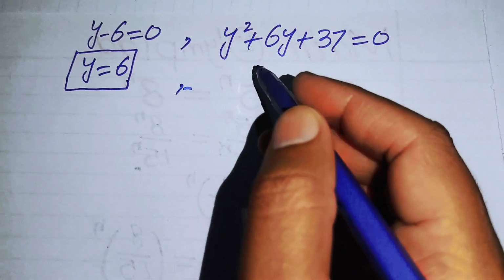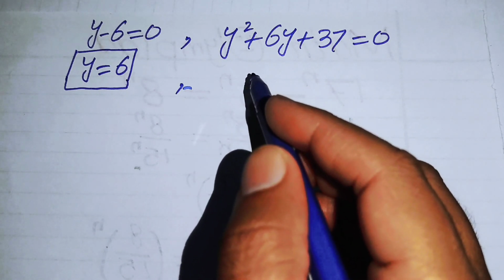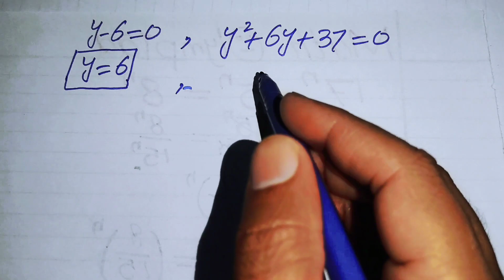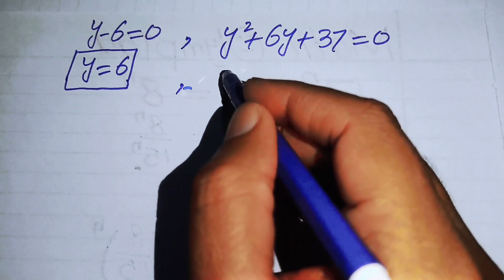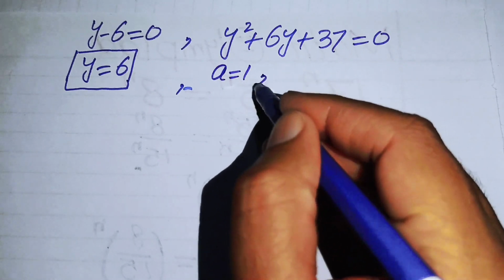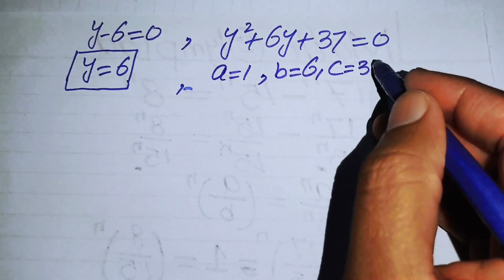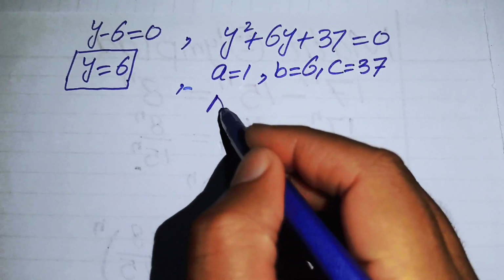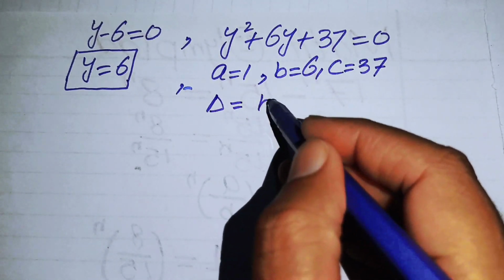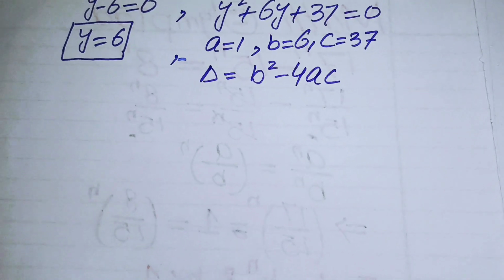So in order to find the other real roots, we will first solve this quadratic equation. Here I can first check whether this quadratic equation has real roots or not by using the discriminant formula. So here we have a equals 1, b equals 6, c equals 37, and you know that the discriminant formula is delta equals b squared minus 4ac.